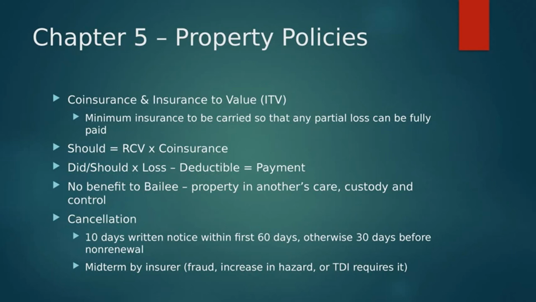Cancellation on all property policies is going to require a 10-day written notice within the first 60 days of underwriting. Then all other reasons why you would potentially have the insurance company dropping or canceling your policy in the middle of the term would be things like if there was any fraud, or if there was an increase in the hazard, or if the insurance company was having financial troubles with either reinsurance or becoming financially impaired, because the Texas Department of Insurance will require it.